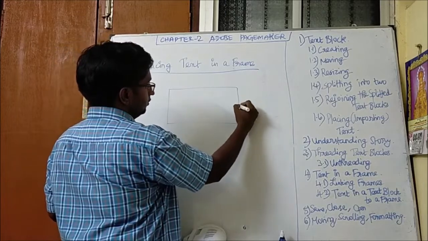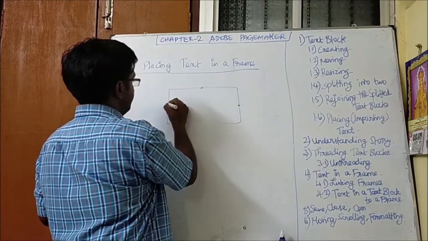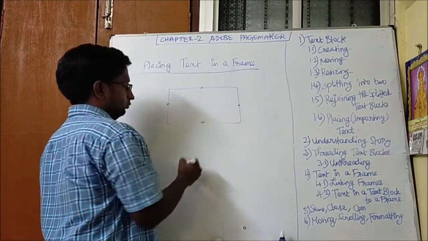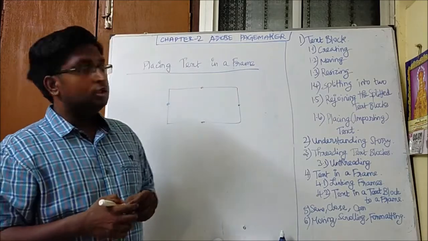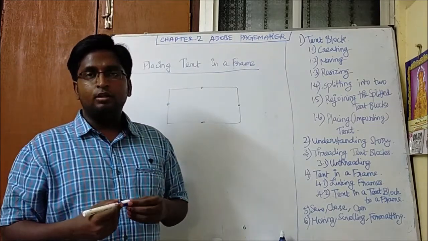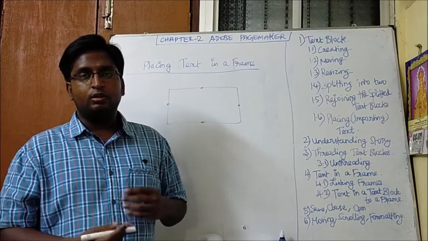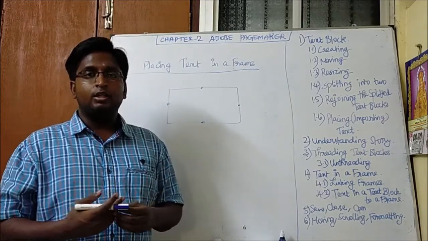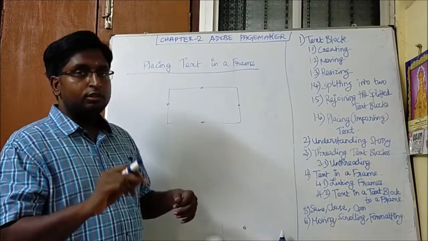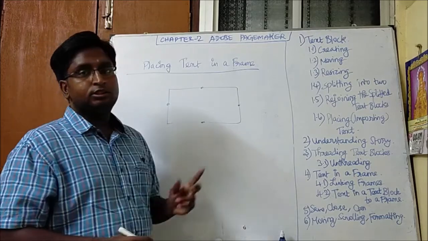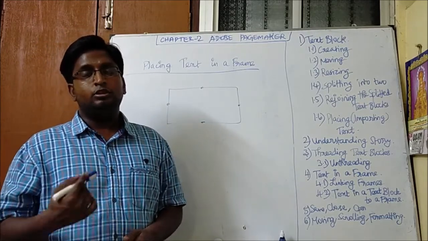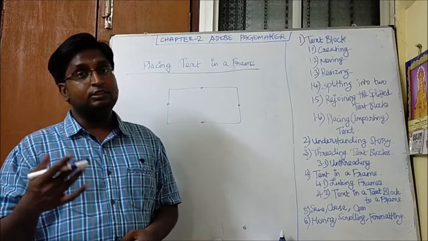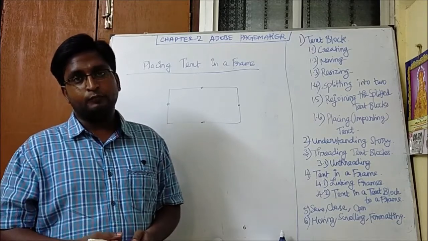You will be having the resizing option. File, open, and you have to select the document or the text document, whichever needed, and click open. The text will be placed inside the frame. So this is how we can place the text inside the frame.